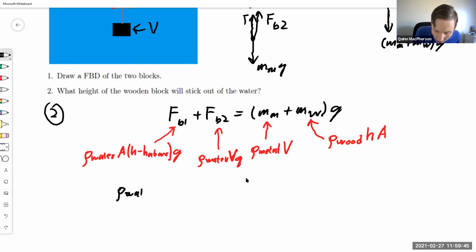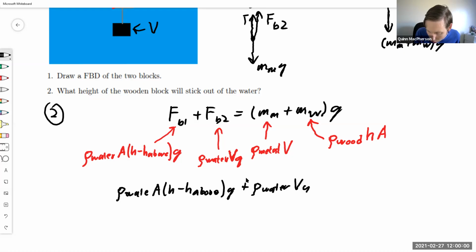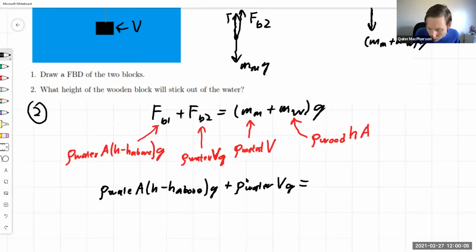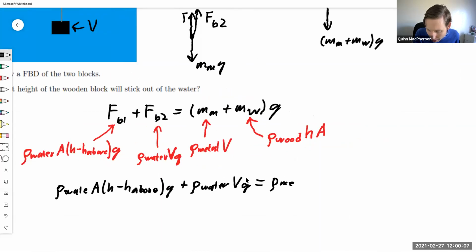Rho water A (h minus h above) g plus rho water Vg is equal to rho metal Vg plus rho wood AHg.